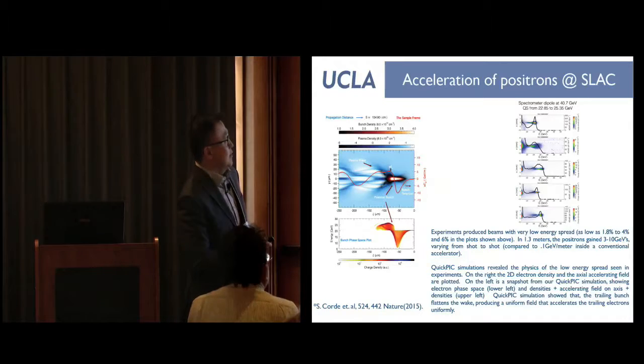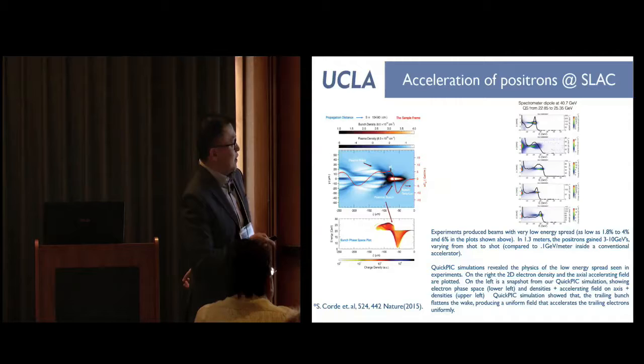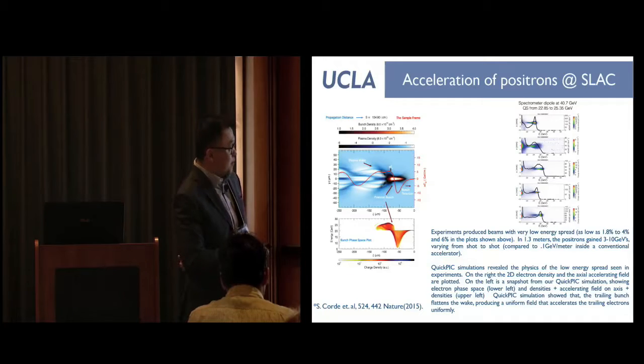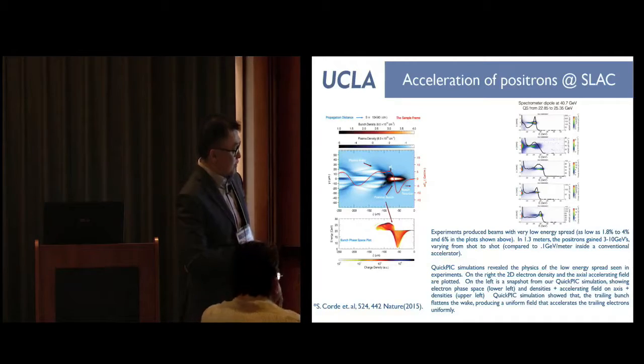In the SLAC experiments, initially these positrons had an energy of about 20 GeV, and in 1.3 meters of plasma, the positrons gain anywhere between 3 to 10 GeV of energy, with very narrow energy spread. The energy spread goes anywhere from 4 to 6% and as low as 1.8%.